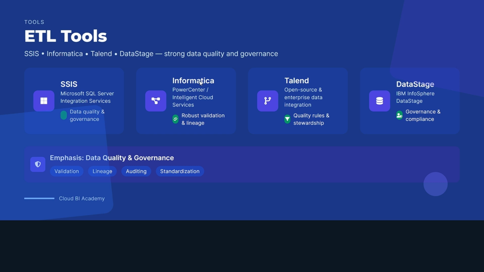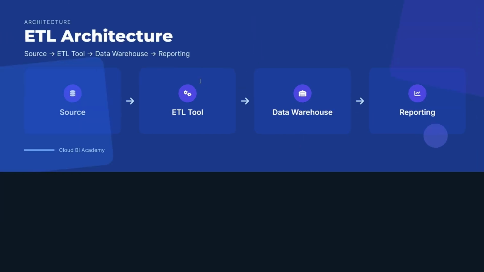And DataStage is from IBM InfoSphere; its main focus is governance and compliance. For data quality and governance, we do validation, lineage, auditing, and standardization. So imagine you receive a customer Excel file every day.